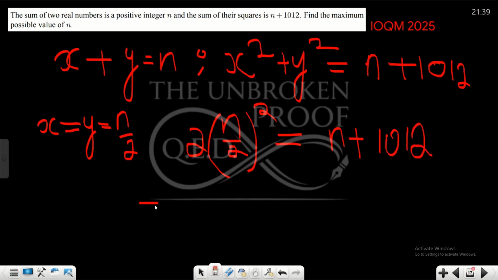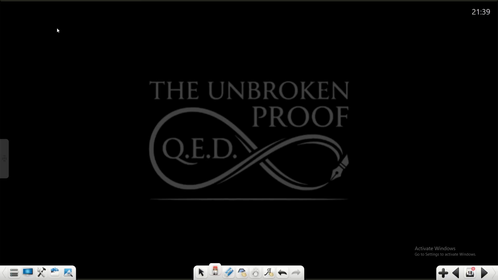If we simplify this you will get n square by 2, because here you will get n square by 4 and 2 by 4 is 1 by 2. N square by 2 is equal to n plus 1012. Then if you take LCM, you will get that n square is equal to 2n plus 2024.